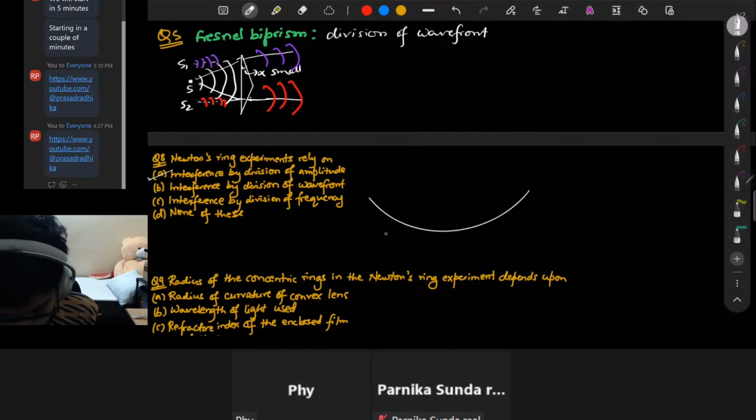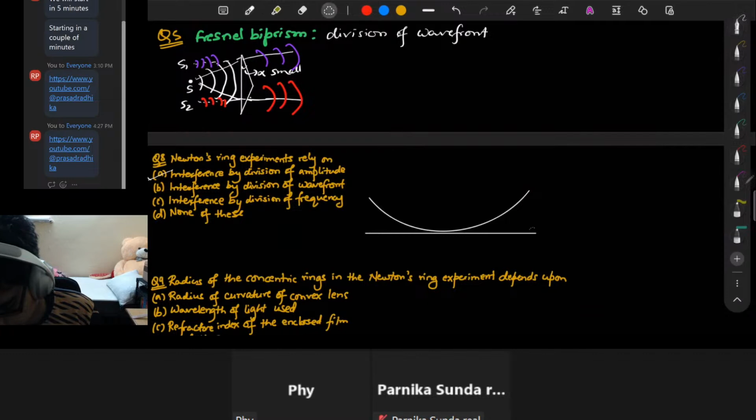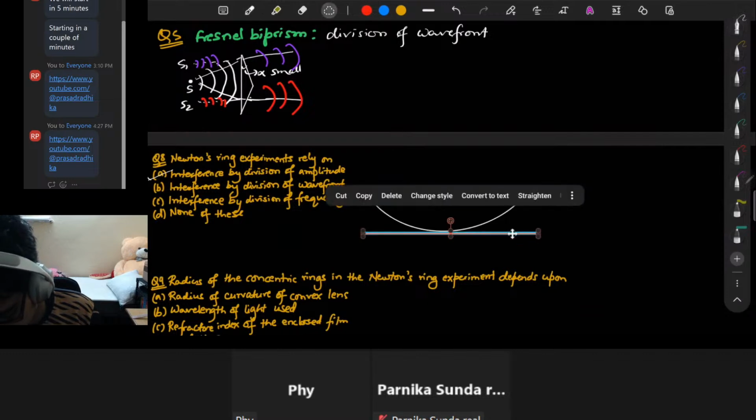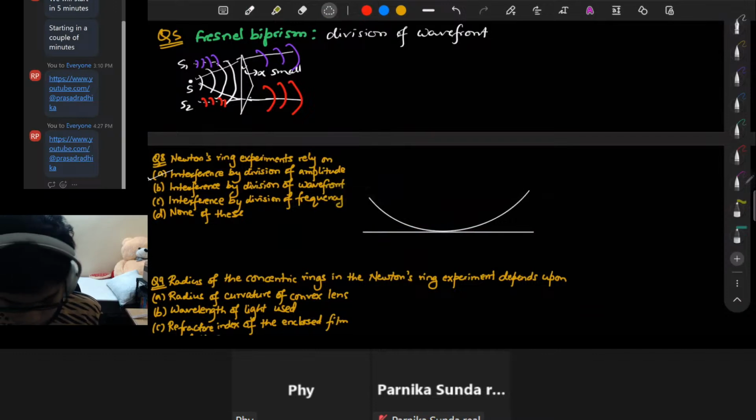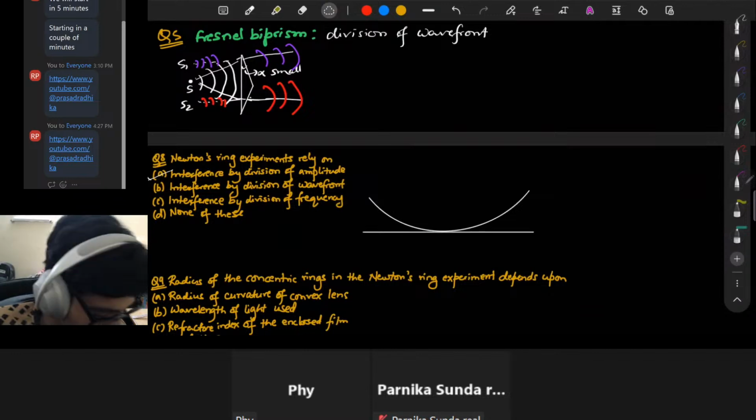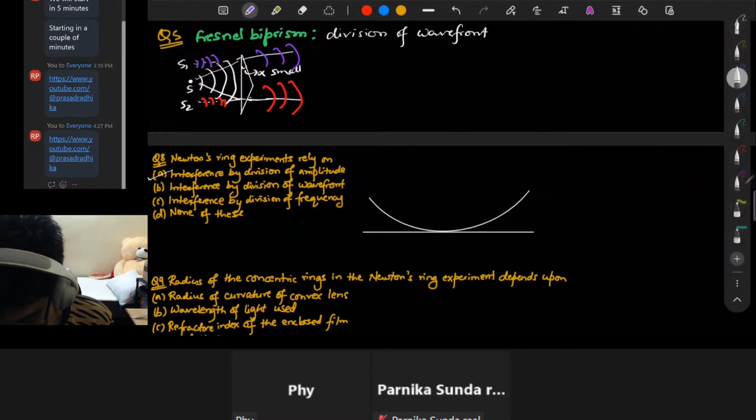So we have this part of the convex lens, then we have the flat surface. So what happens is, I have a ray which comes.